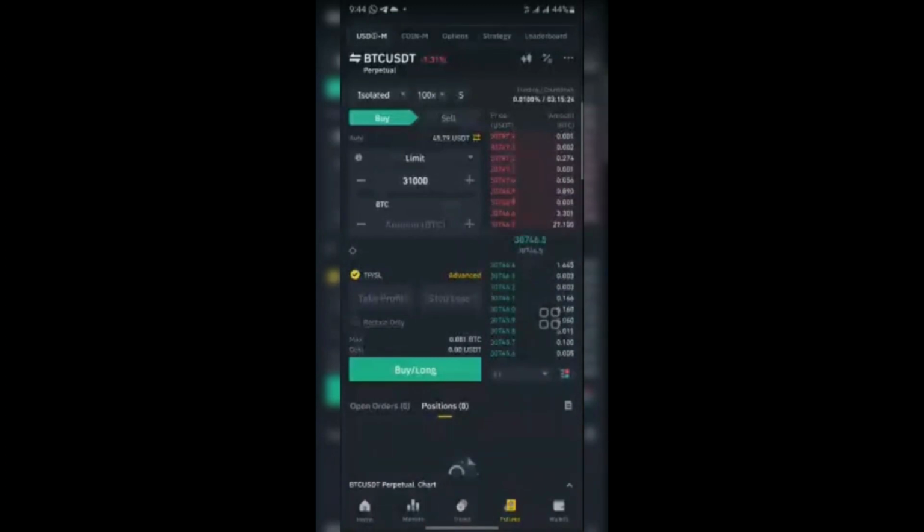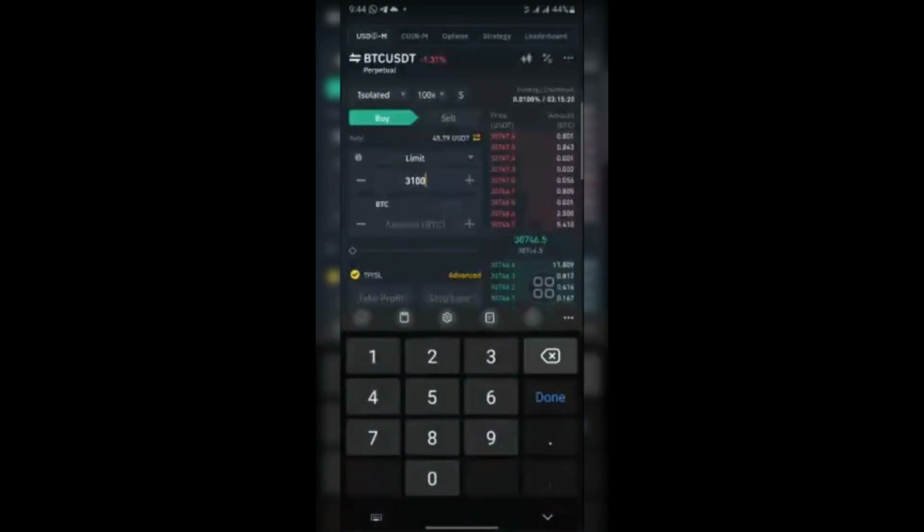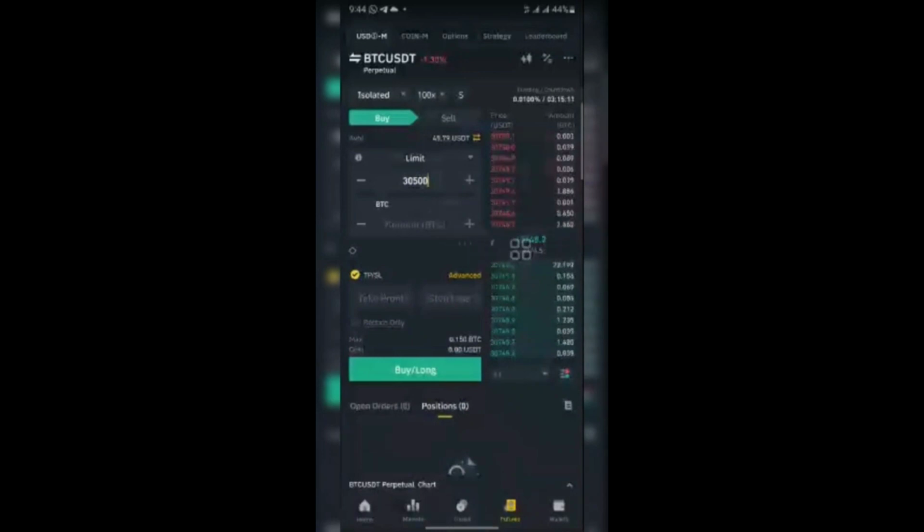You understand? So let's say I want to buy at what? At 30,500. When the market comes down to 30,500, this 30,700 is too expensive for me. I want to enter my market when the market comes to what? 30,500. You understand? How much do you want to use? I want to use $10 to enter the trade.